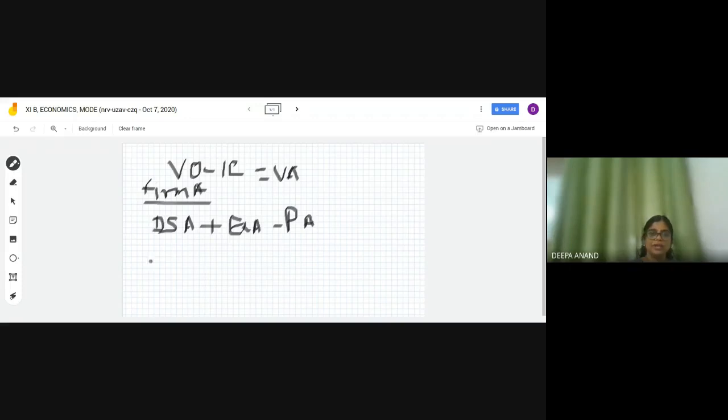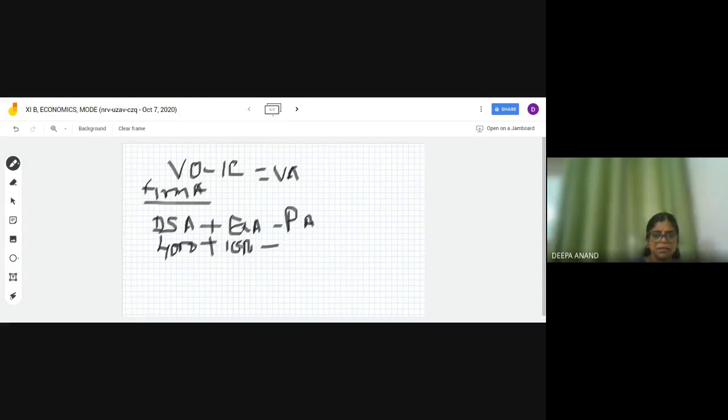So here you will get the value added of firm A. What is the figure? What will you get? Answer. Domestic sale is 4,000, export is 1,000, and they have purchased 200.